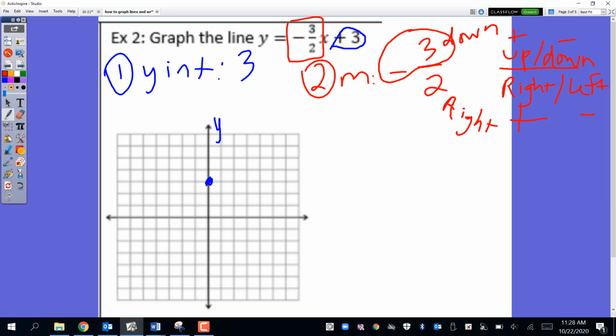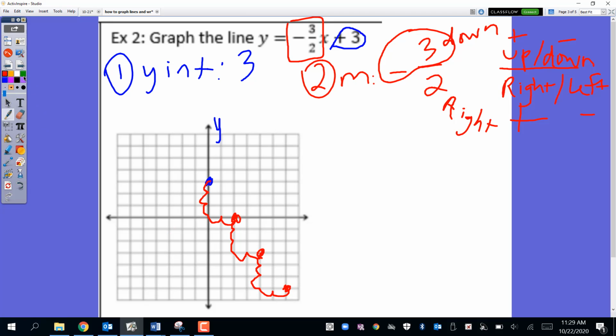Okay, so from here I'm going down 1, 2, 3, and right 1, 2. I put another dot. And I would continue doing that, so I would go down 1, 2, 3, 1, 2, dot, and I would do it again, 1, 2, 3, 1, 2, dot.